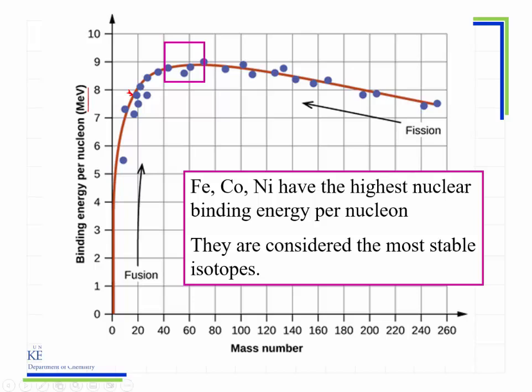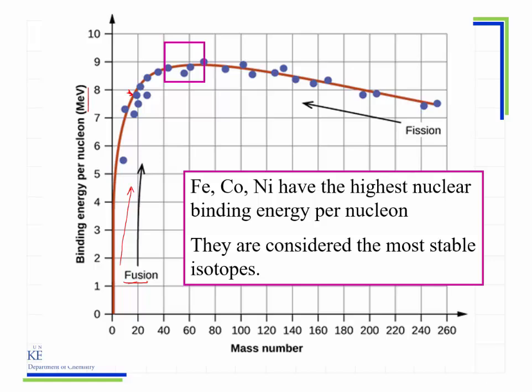They are the most stable because they have the most energy per nucleon to pull them apart, meaning they would release the most energy per nucleon when they get formed. Now, your lighter elements down here, your hydrogen, your helium, as they undergo fusion, they end up moving in the direction of more stable isotopes, and they have a release of energy. So nuclear fusion releases energy.